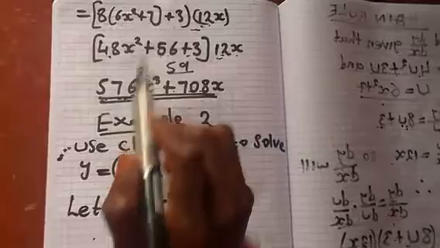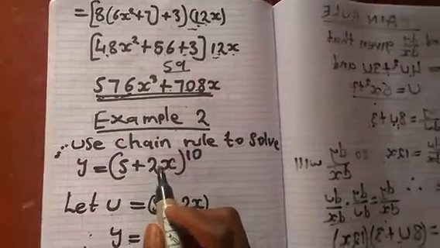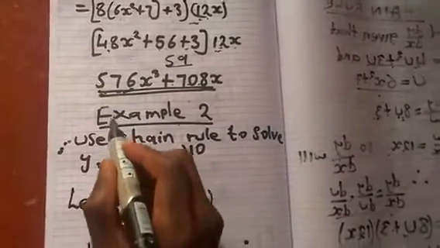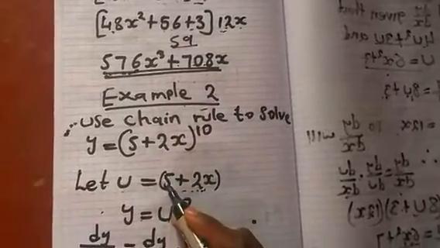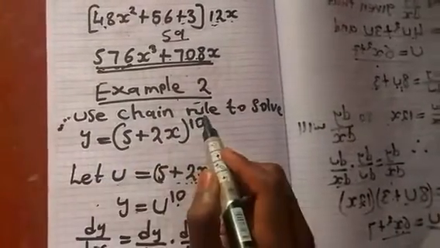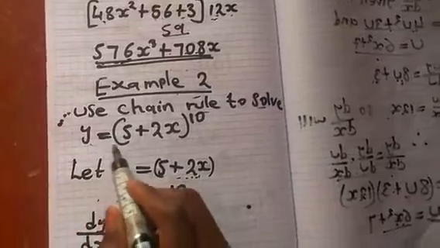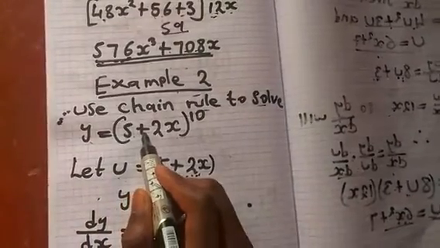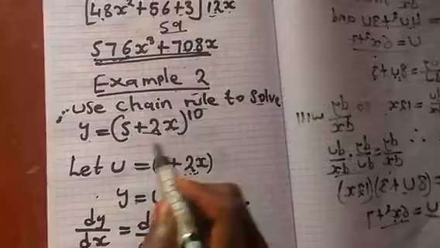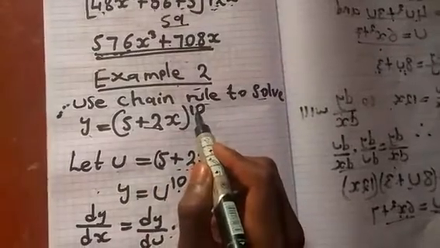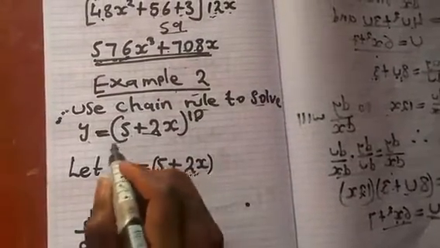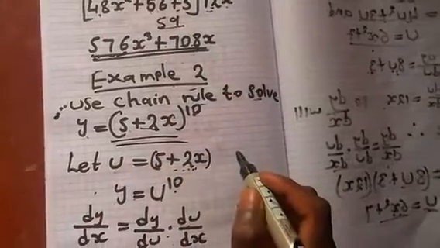That is it for the first example. Look at the second example. It's so simple. Use chain rule to solve y is equal to (5 plus 2x) in brackets, power 10. When we're given a sum like this one, first of all we need to use the substitution method.